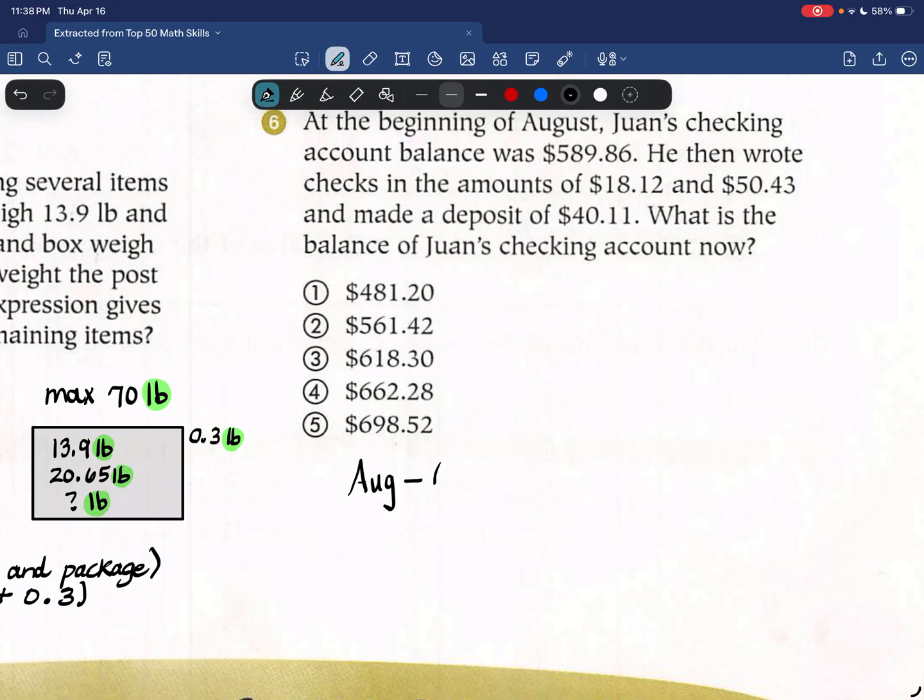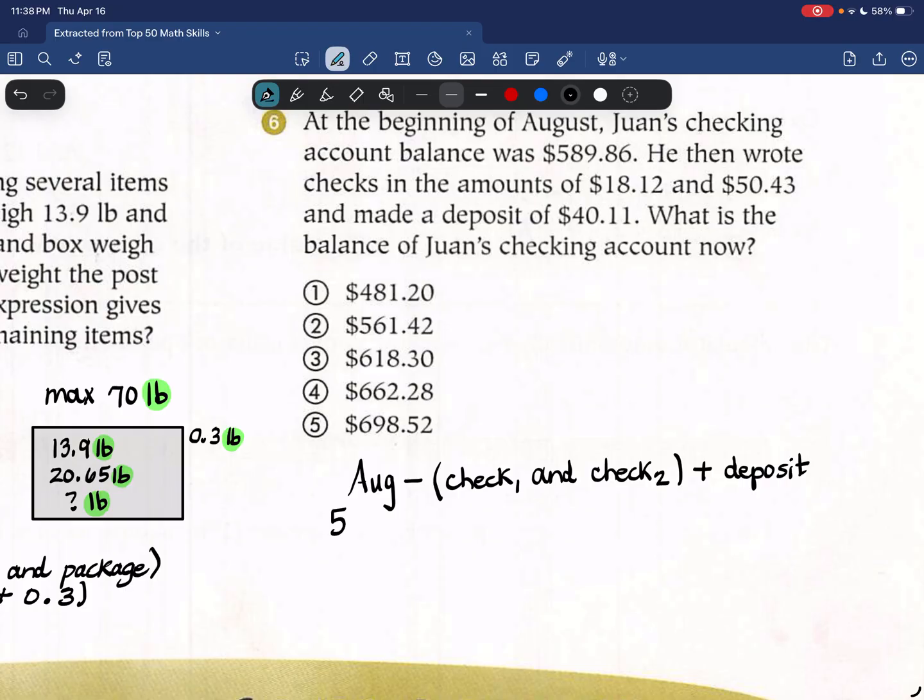That's a minus. I'm going to say that's check 1. He wrote another check. Let me use the right word here. Let's use and. Check 2. And then he made a deposit. That's addition. And we want to know the balance now.